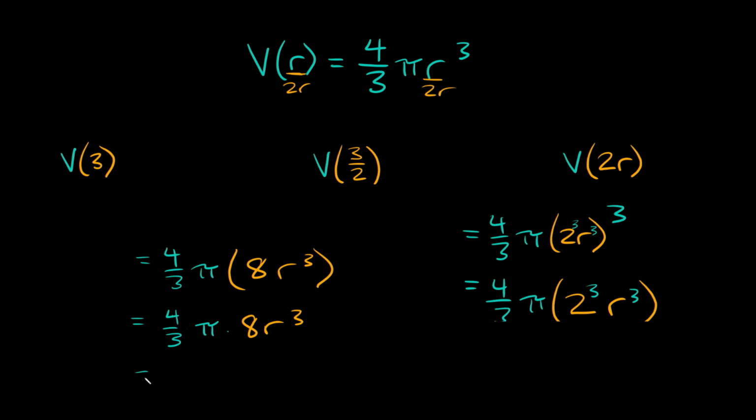So on top, we're going to be left with 32 pi, and also our variable r cubed, and that's going to be over whatever is in the denominator, which is just 3. So then 32 over 3 pi r cubed is our final answer.